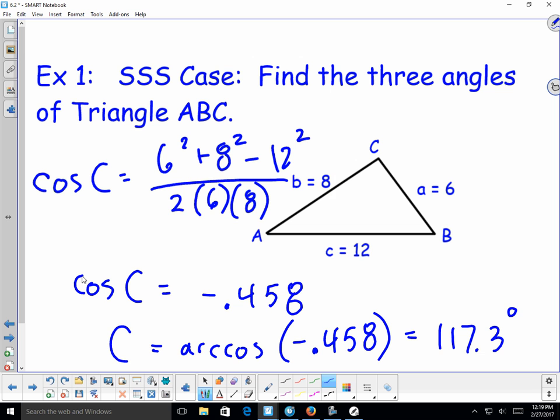Now that we found that largest angle at 117.3 degrees, you could use law of cosines to find the other angles, but at this point it's probably easier to switch back to law of sines. Danny: Because we're using arc cosine, is there a chance we have no real solutions?